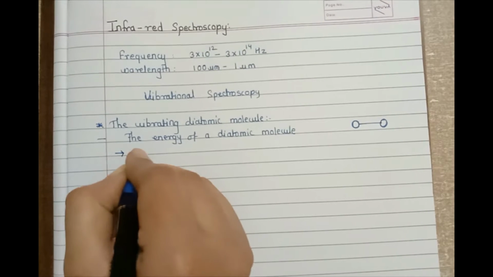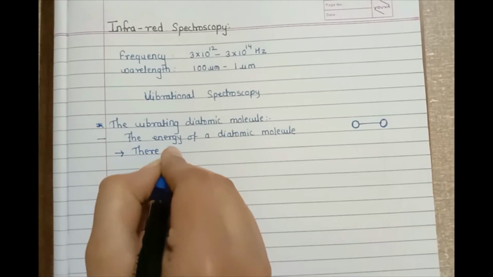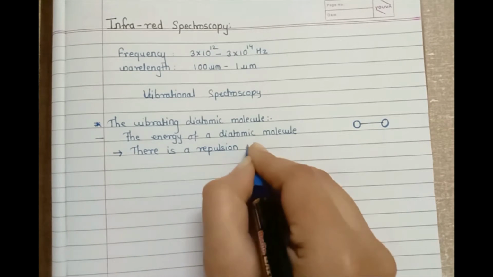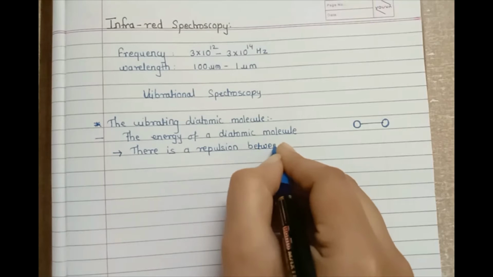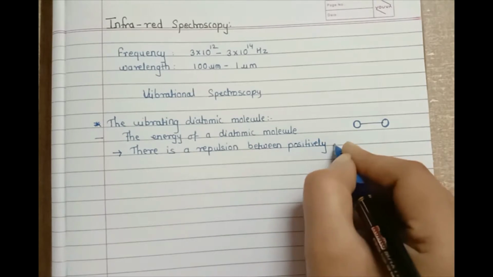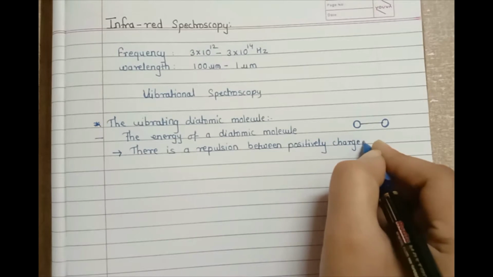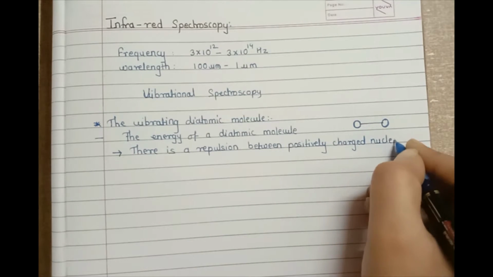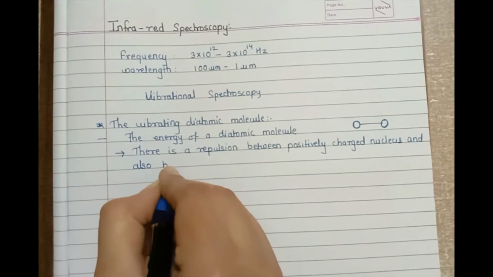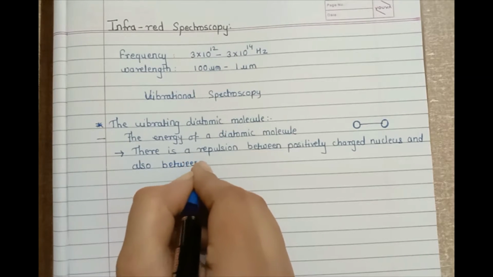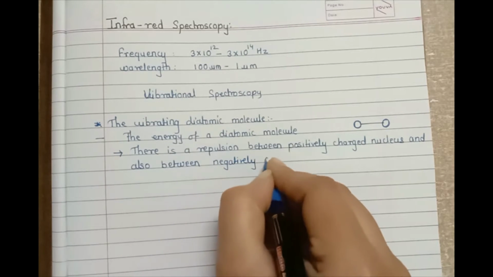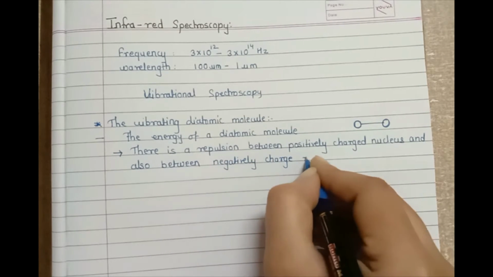There is a repulsion between the positively charged nucleus and also between the negatively charged electron cloud.